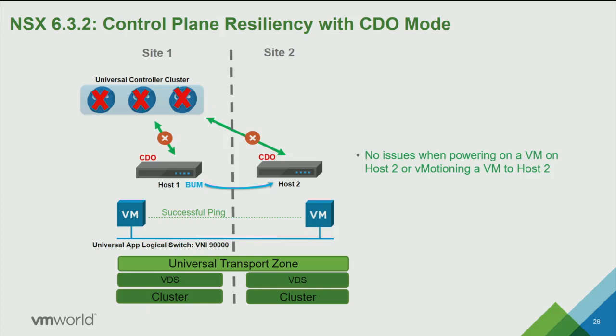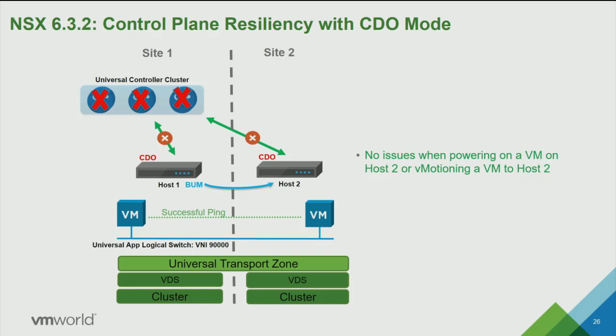But basically, let's say you have two transport zones that are sharing a VDS. In that case, you can only enable CDO mode on one of the transport zones. Okay? So there are some additional details there, and we wanted to give the option based on the customer's design that, hey, enable this where you need it and when you want it.